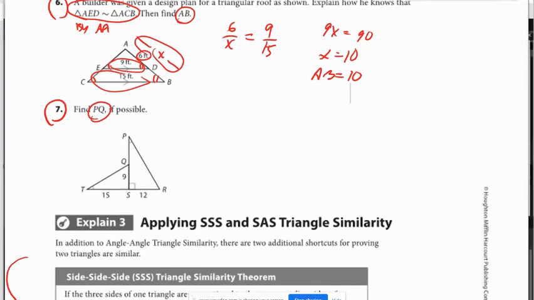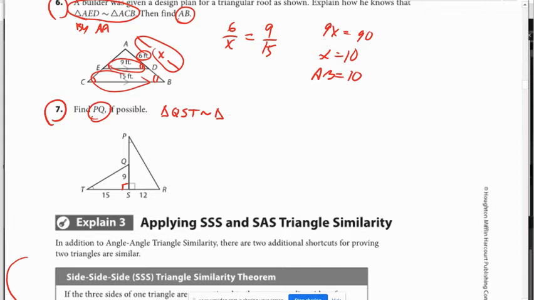And then for problem 7, we have two right angles. So there's a pair of matching angles. We have angle P and angle T also congruent. So the triangles are similar by AA again. So you could say triangle QST is similar to triangle, we have to get it in the right order.